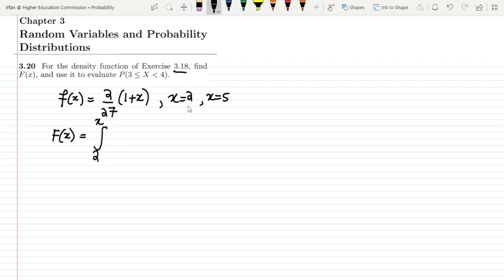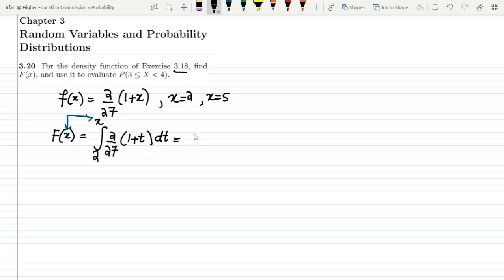Because it starts from 2 and ends at any value x, I have to write that here as well, and I also have to change the variable of the domain to t, in accordance with the domain of the CDF. So here I write 2 by 27, and integrate with respect to t.